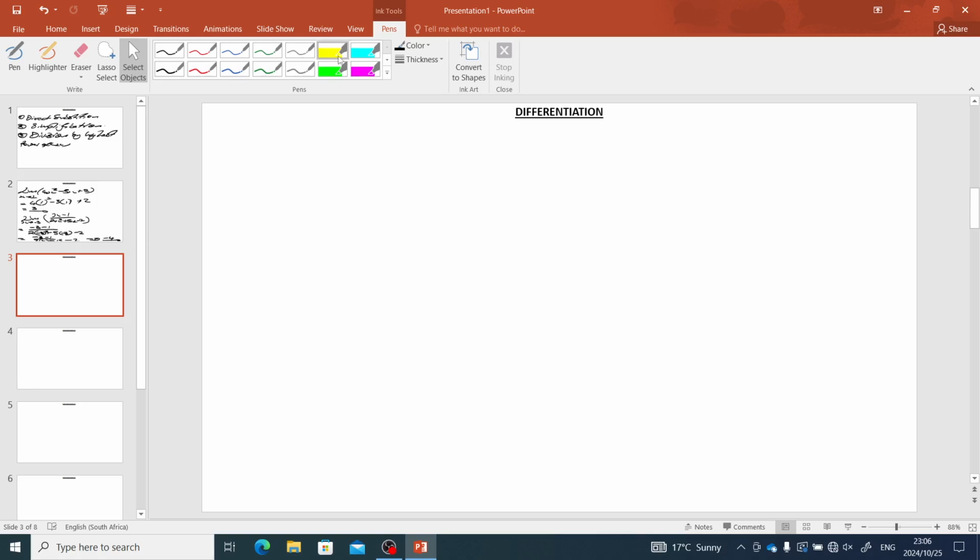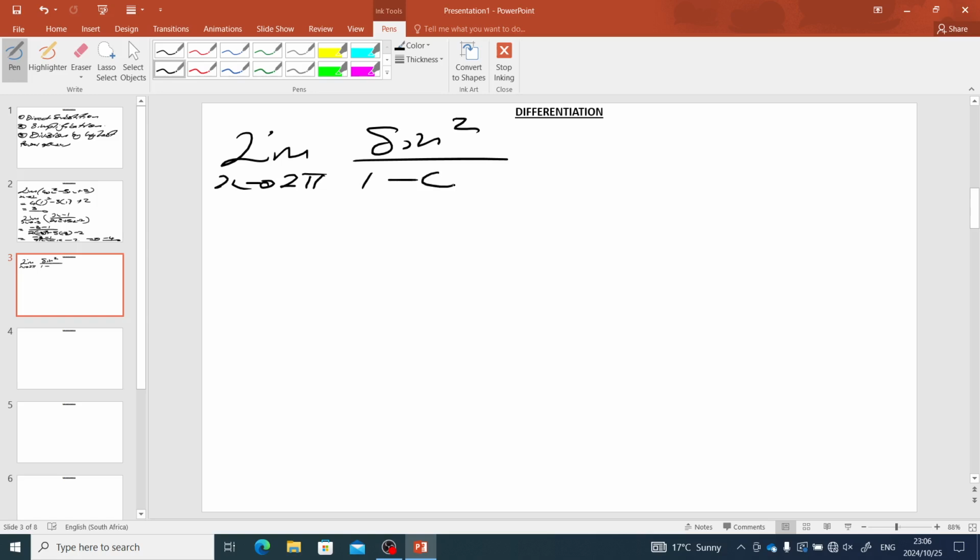Now let's look at the next one. If we are given the limit as x approaches 2 pi of sine squared x divided by 1 minus cos x. In solving this, firstly we know that sine squared x is one and the same as 1 minus cos squared x.